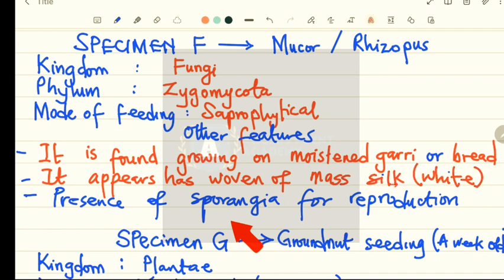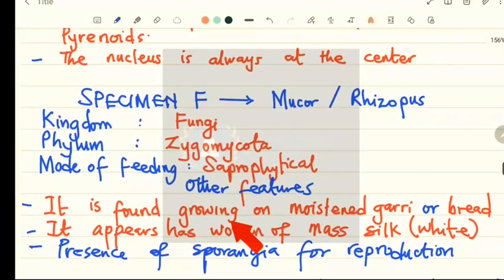So when you see a decayed eba, you see on it something whitish. Those whitish woven masses of silk are the Rhizopus. Then the presence of sporangia is also there for reproduction. It uses sporangia for reproduction.